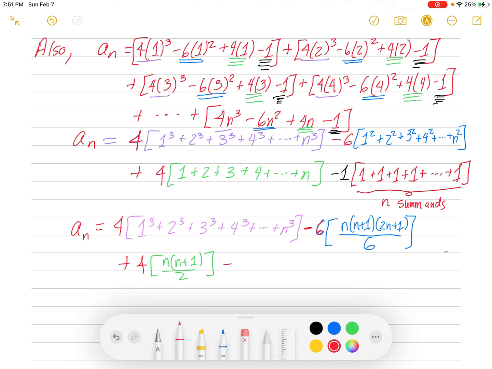And then we have minus 1. And then 1 plus 1 plus 1 plus 1 plus 1 plus 1, n summands, is going to be n.